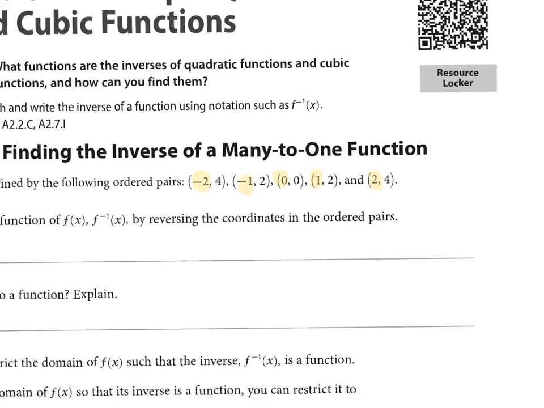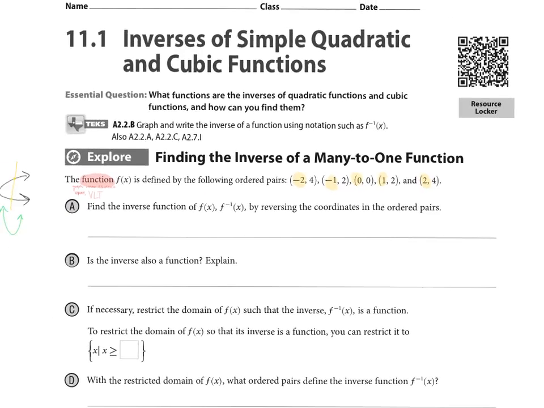Okay, so the next part of this is, what if I asked you to find the inverse of said function? What does the word inverse mean? To flip, the opposite, something like that. So what if I said find the inverse, what might you do? Make them negative? Flip the signs.